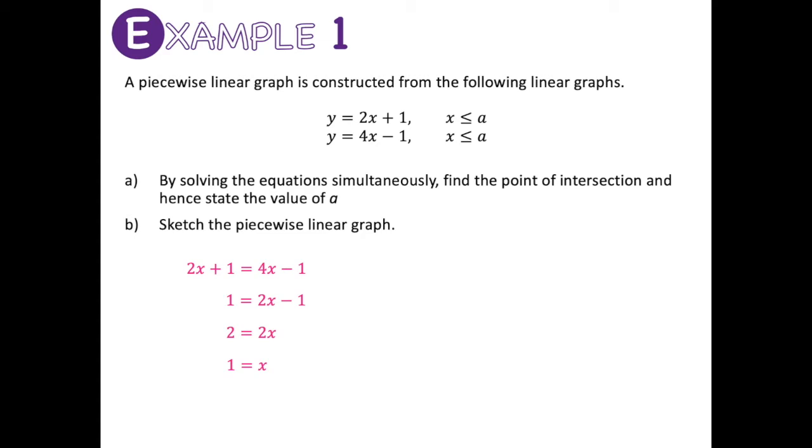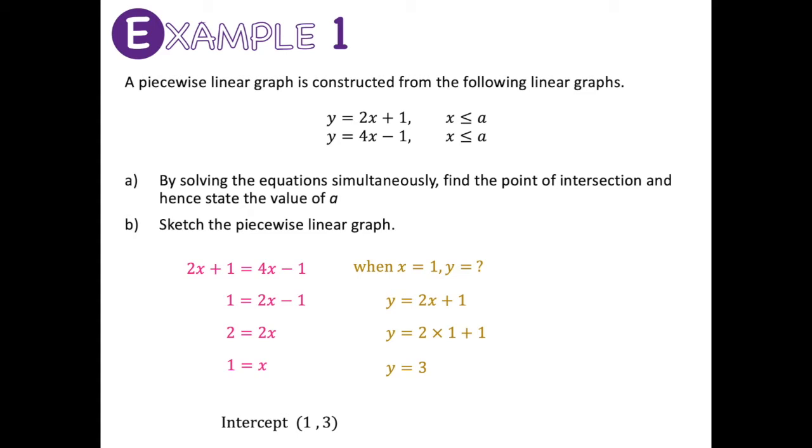Now that I know that x is equal to 1, I can go ahead and find out what y is equal to by substituting that x value into one of the original equations. So I have chosen y equals 2x plus 1. Substituting 1 in, y equals 2 times 1 plus 1. So y is going to equal 3. So my point of intersection is x equals 1, y equals 3.